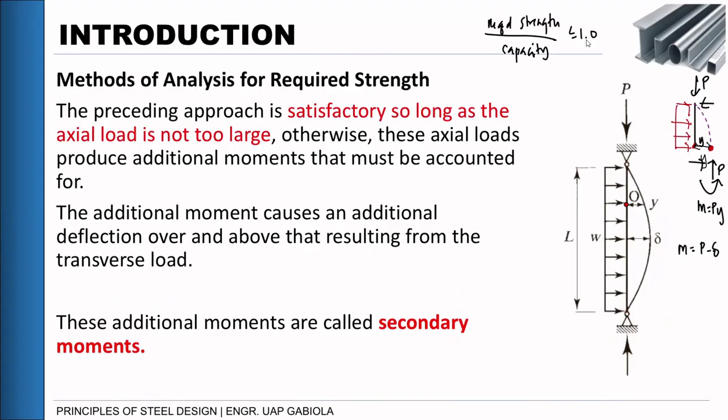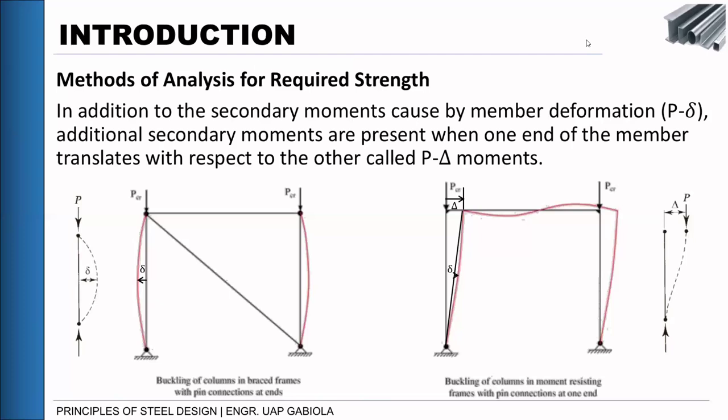If that is the condition, we prevent sidesway or sidesway prevented. So ibig sabihin parang braced yung mismong column natin in all directions. Hindi siya pwedeng gumalaw. So, if that is the case, ang may experience lang nung column natin, ng member natin, is yung P small delta.